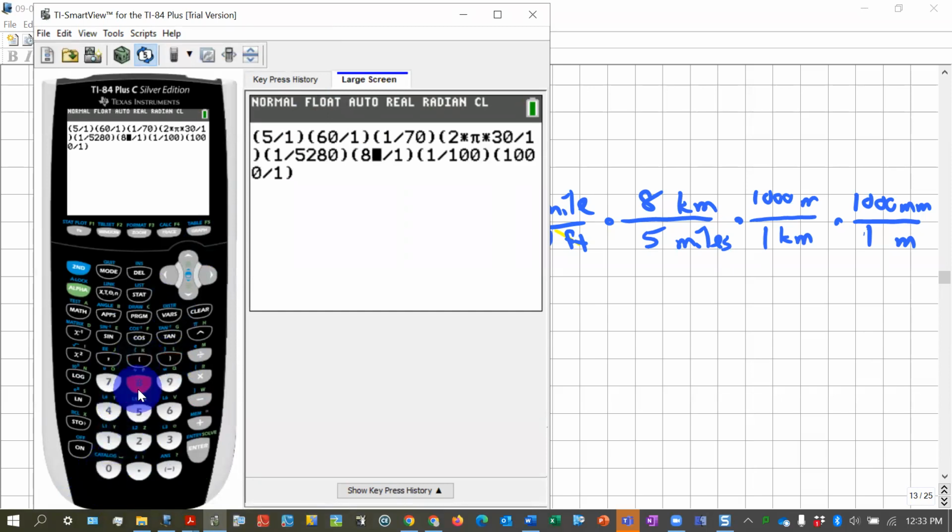And 8 kilometers is about 5 miles. And then there's 1,000, 3 zeros, meters in every kilometer. And there's 1,000 millimeters in every meter.